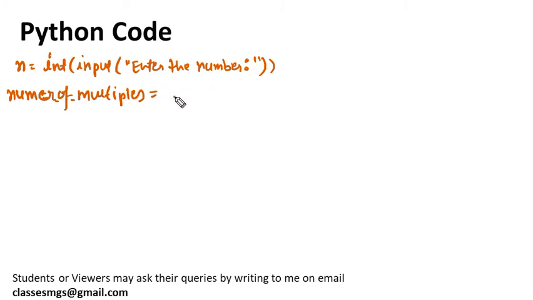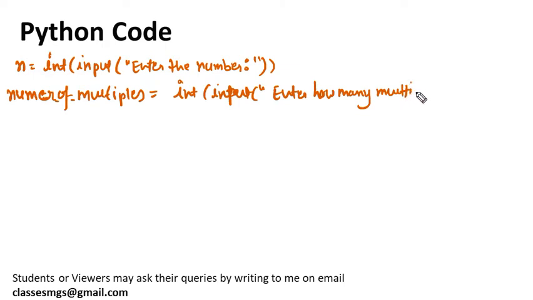Then what you will do, you will take integer input, enter how many multiples you want, okay, and then number of multiples I am creating as a variable. So now I will apply a for loop, simple, i in range.